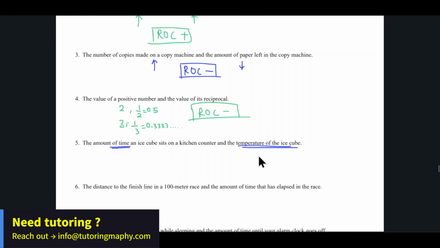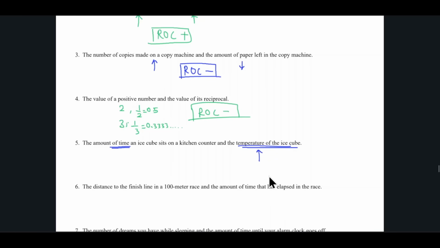If you increase the temperature, it will melt fast, and then the time will be less, right? So down, up, opposite relationship. So ROC will be negative.